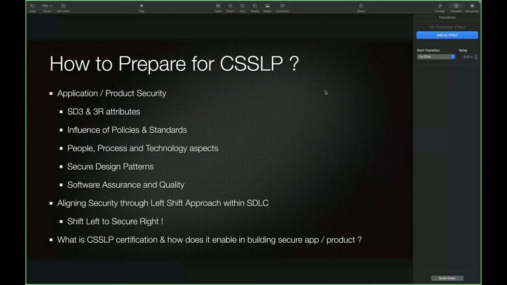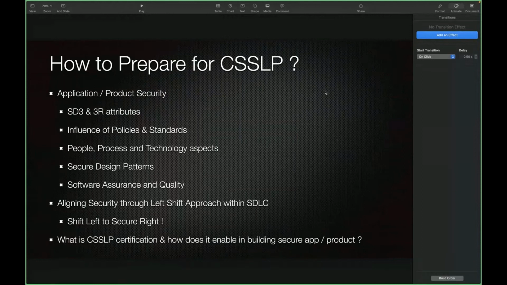For instance, top management is responsible for defining the policies. Architects are responsible for designing and architecting a software or an application in line with the industry standards that the product or the application is being developed. And developers are responsible for aligning with the coding standards and the industry standards, which the architects have provided as input.